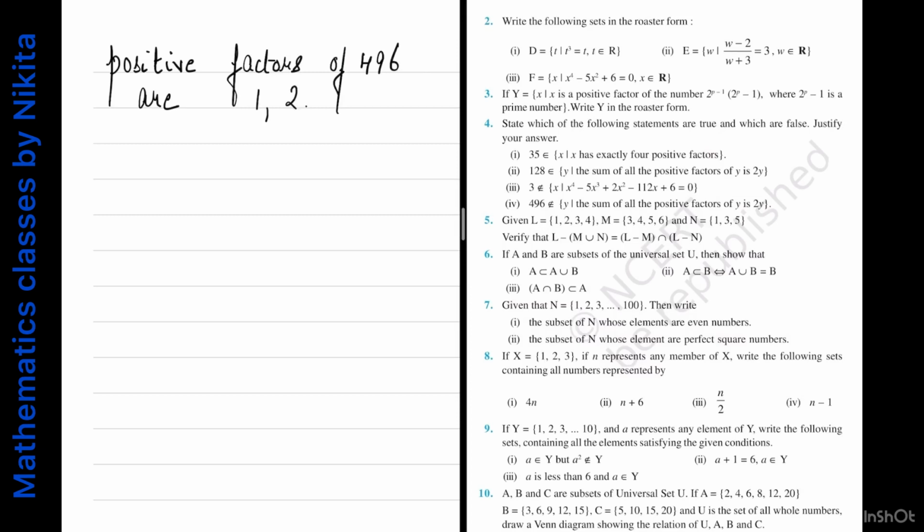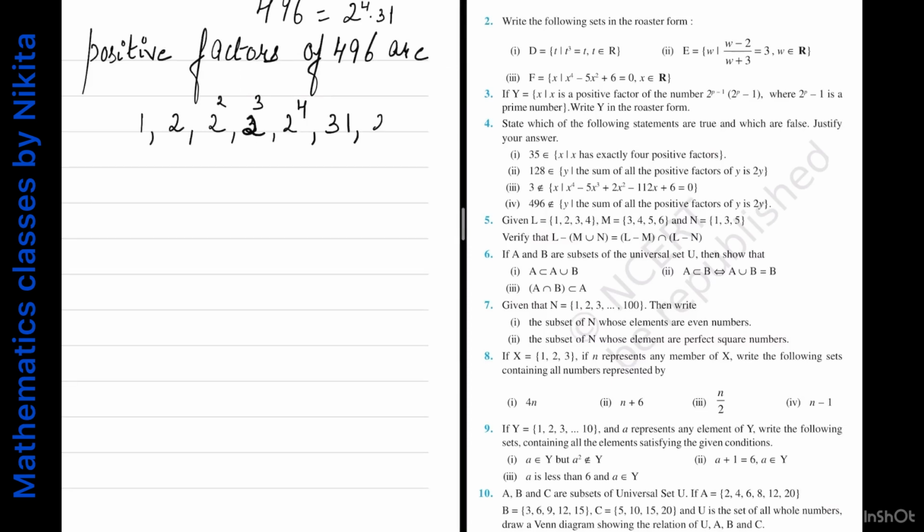The positive factors of 496 are 1, 2, 2 square, 2 cube, then 2 to the power 4 and the number 31 itself. Then 2 into 31, then 2 square into 31, then 2 cube into 31 and then 2 to the power 4 into 31.